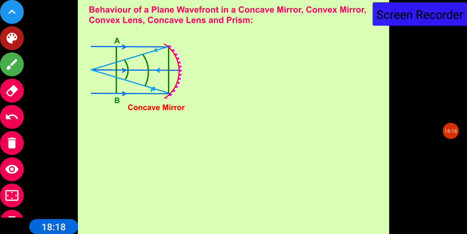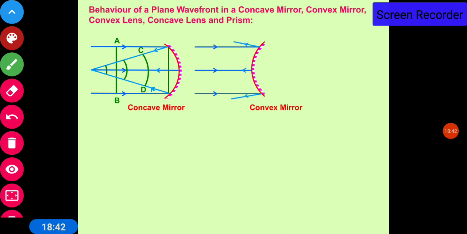So see that AB is the plane wavefront and CD is the reflected wavefront. The shape of the reflected wavefront is converging. So we can say that a plane wavefront after falling on a concave mirror changes to a converging spherical wavefront.